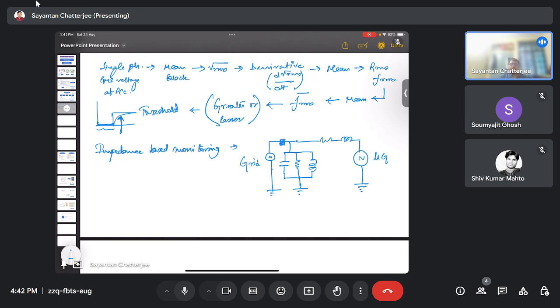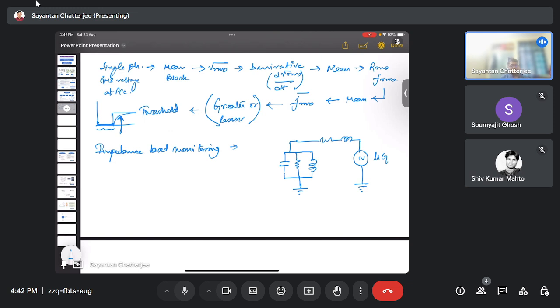If any fault occurs here, in that case the microgrid would be isolated, and this grid portion would be eliminated. When the grid portion is eliminated, that itself implies that the microgrid has islanded itself.